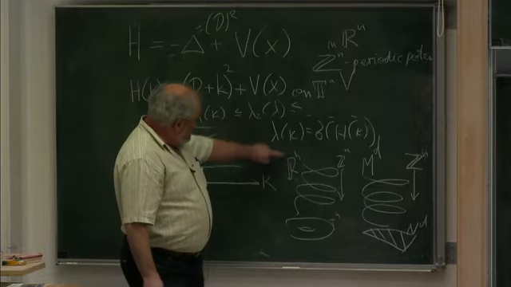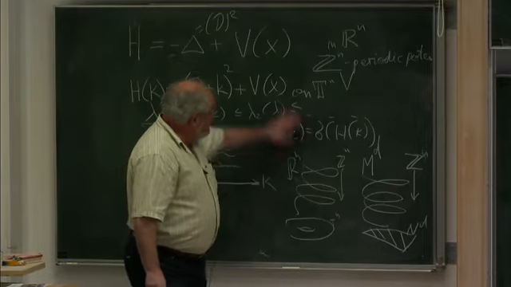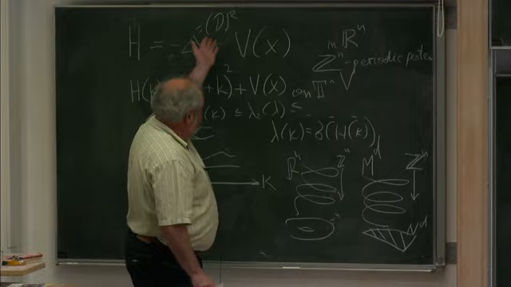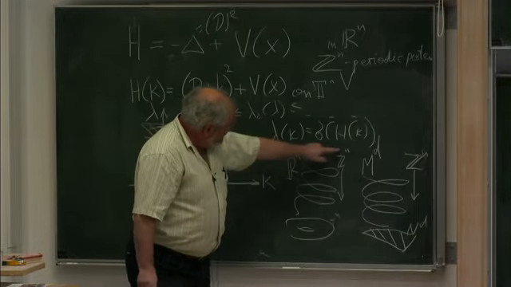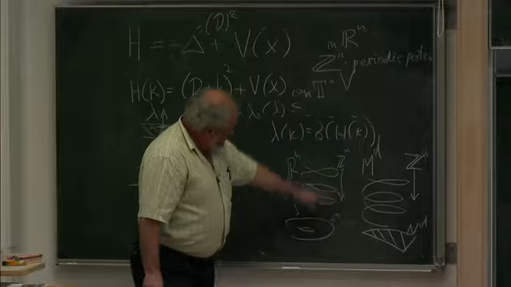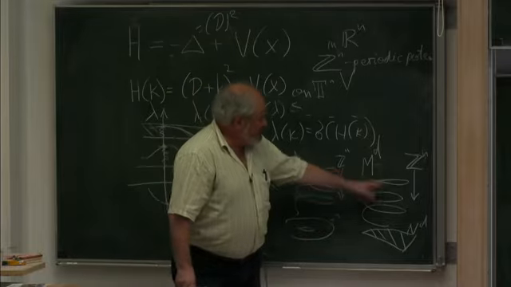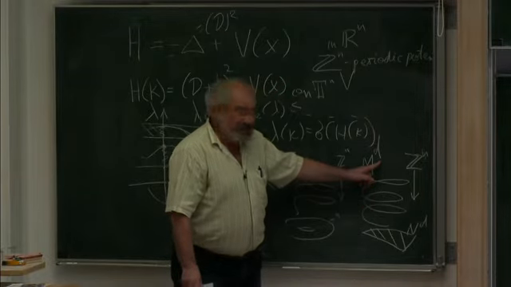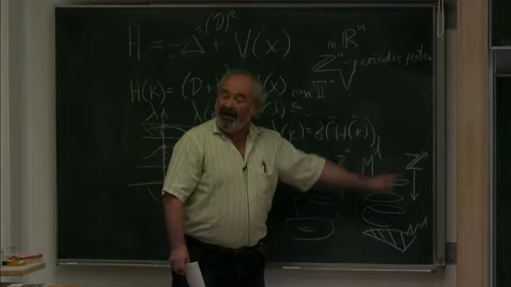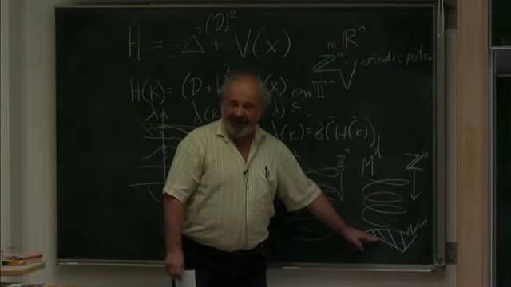Now notice that unlike the situation in standard periodic Schrödinger, when the rank of the covering group and the dimension of the space are the same, here the dimensions might be different. For instance, you can have Z3 covering a graph, which is zero-dimensional.